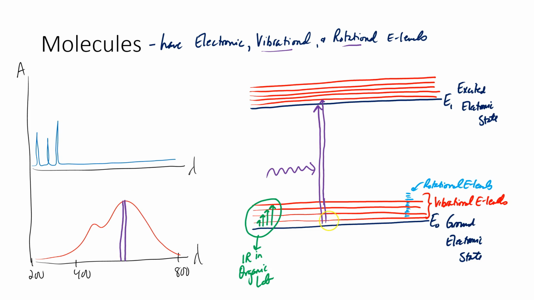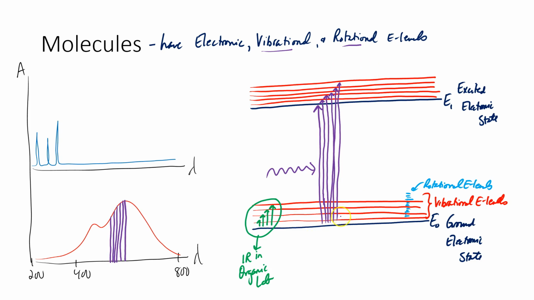And keep on doing that. Increase the energy of your photon to keep getting promoted to those excited vibrational energy levels in that excited electronic state. And you can see that there are a lot of different possible transitions that we may have for a molecule. And this doesn't even represent all of them.